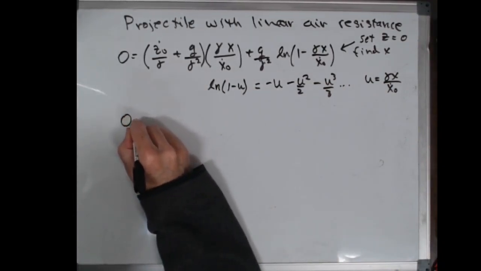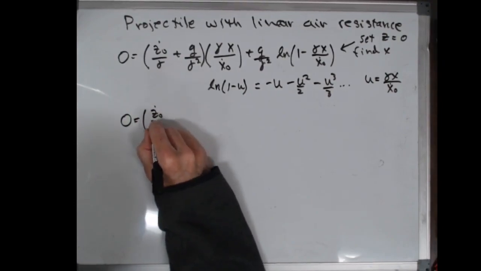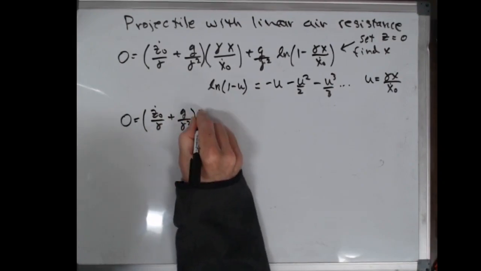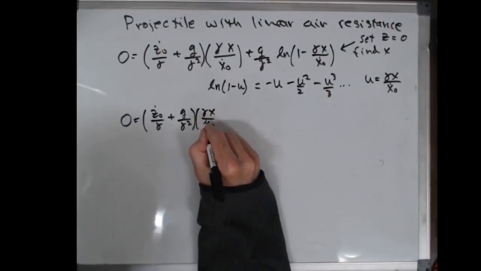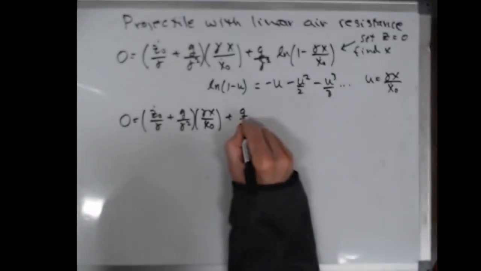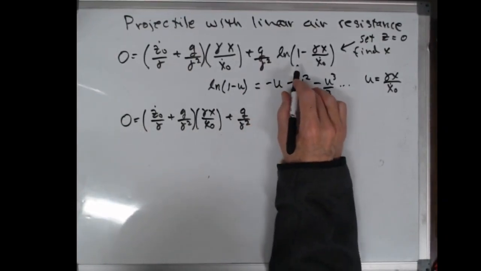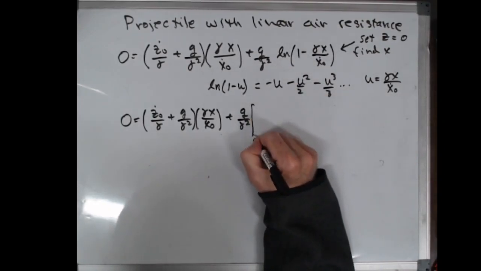And so we get u is equal to 0 is equal to z naught dot, this doesn't change, over gamma plus g over gamma squared times this gamma x over x naught dot term plus g over gamma squared times, and so now I'm going to substitute in for u in here, and so I'm going to put square brackets here.